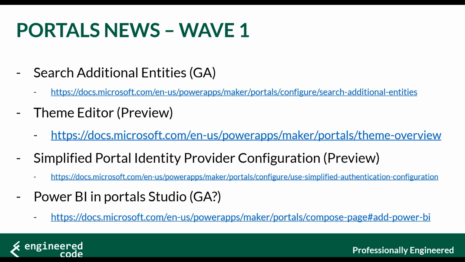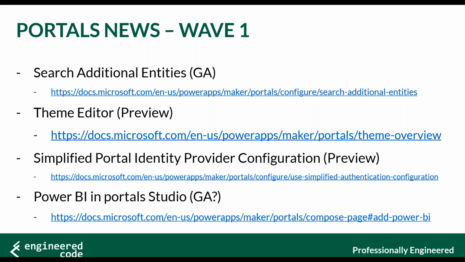So in terms of the features that I've seen actually get lit up, one of these would be the additional entities search. When Portals was first introduced from Microsoft, there was a limited subset of the out-of-the-box entities that could be searched using the global search.